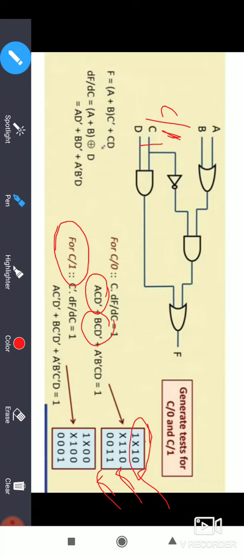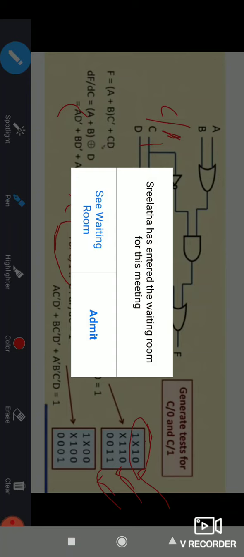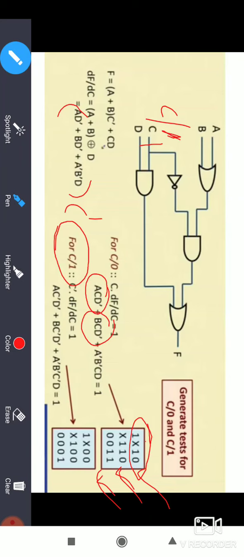Multiplying df by dc with C bar, we get AC bar D bar plus BC bar D bar plus A bar B bar C bar D. Here also three terms. Here B is missing, so 1 don't care 0 0.